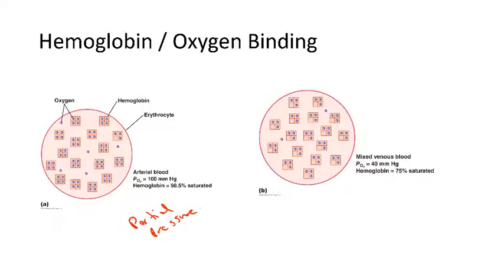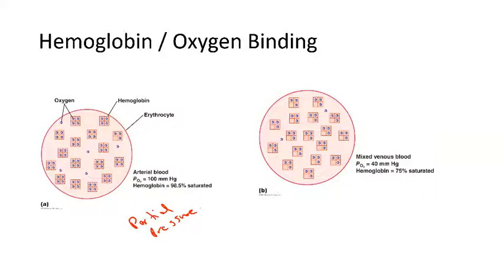If total air volume is 760 millimeters mercury of pressure at sea level, 80% of that is nitrogen, which we don't use, and only 20% of it is oxygen. So we have this partial pressure of about 100. And at 100, you'll see that they say hemoglobin is about 98.5% saturated.